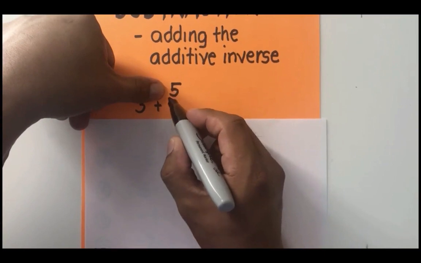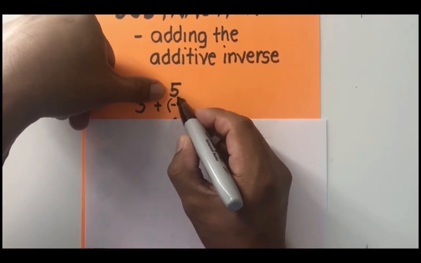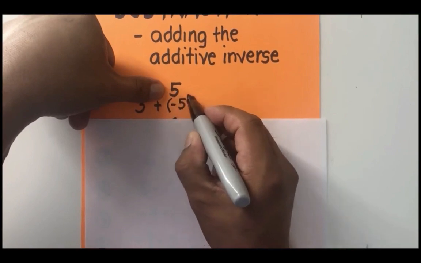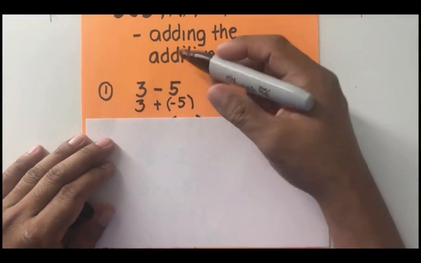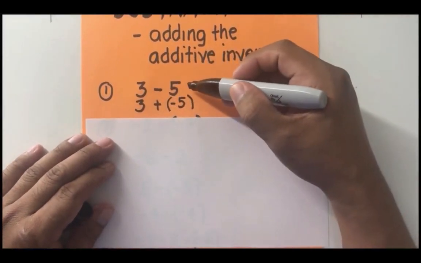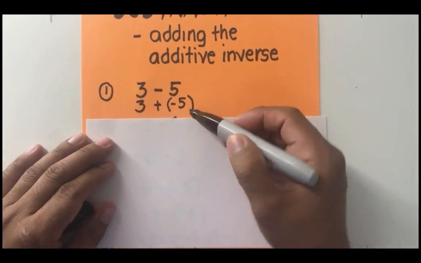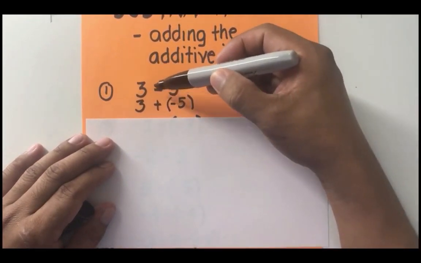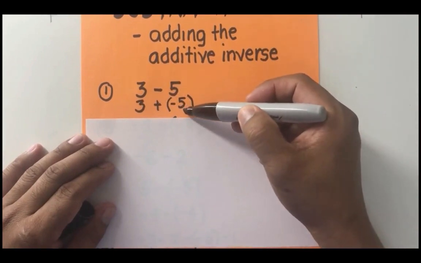What is the additive inverse of 5? Its additive inverse is the opposite sign, negative, and then 5. These two are equivalent. One is written in terms of subtraction operation, the other is written in terms of addition. Because by definition, subtraction is addition of the additive inverse.